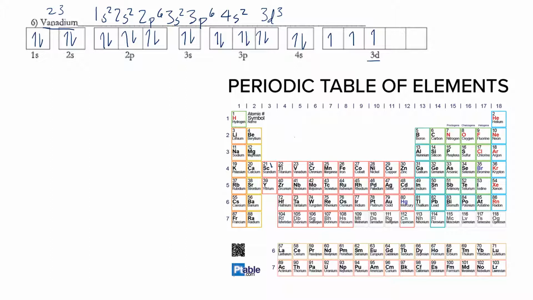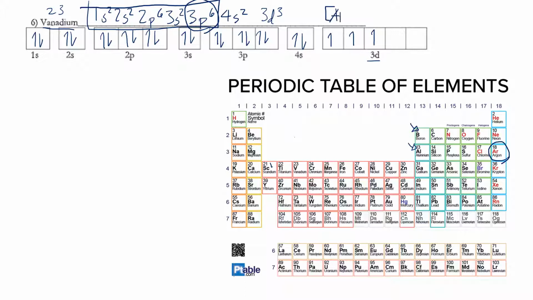Instead of writing all this gobbledygook, 1s2, 2s2, 2p6, blah, blah, blah, let's just get down to 3p6. This is 2p, this is 3p. 3p6 is argon. So instead of writing all this stuff, why not just write it like this?